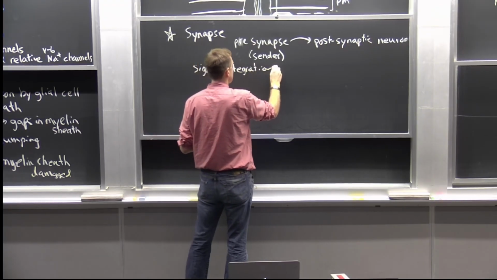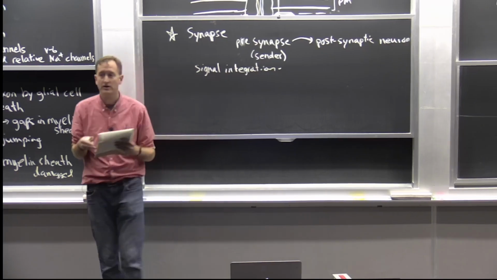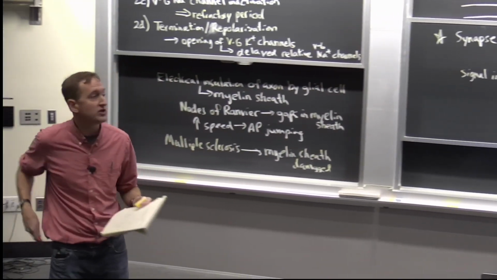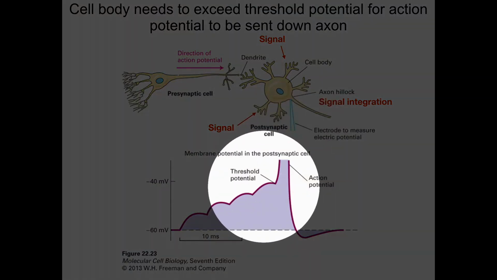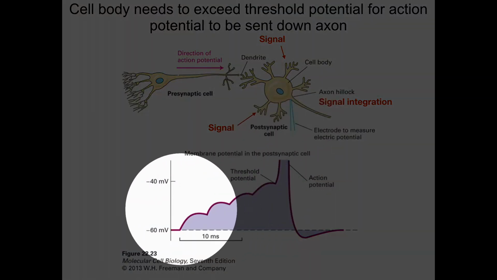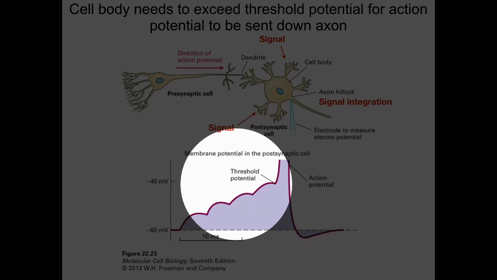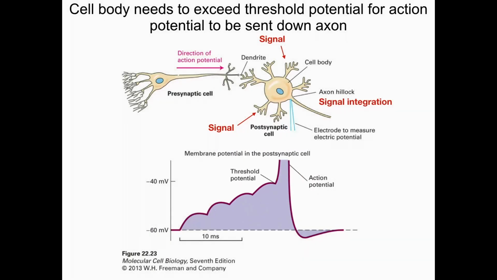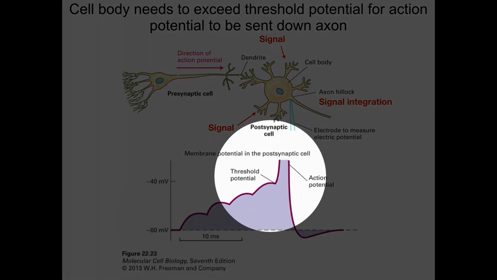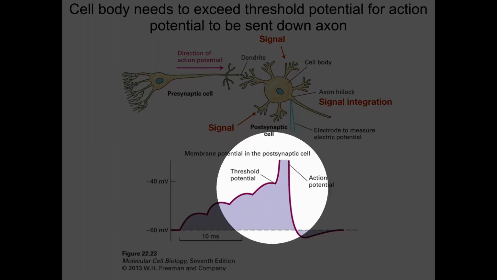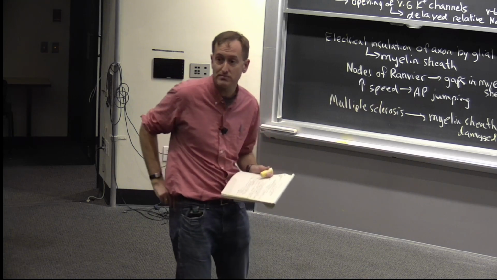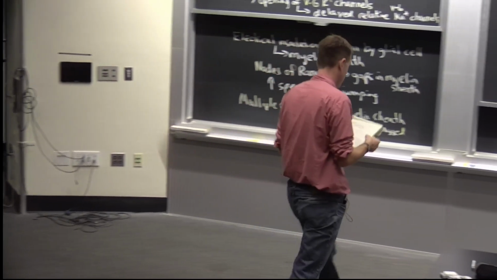And what's important for signal integration in a neuron is whether the voltage in the cell body increases above a certain threshold potential. So if the voltage doesn't increase above this potential, there will be no action potential fired. But if the voltage increases above the threshold potential, then it fires the action potential and signals to a downstream neuron or muscle or another cell.